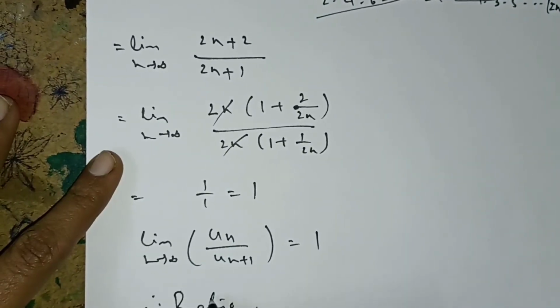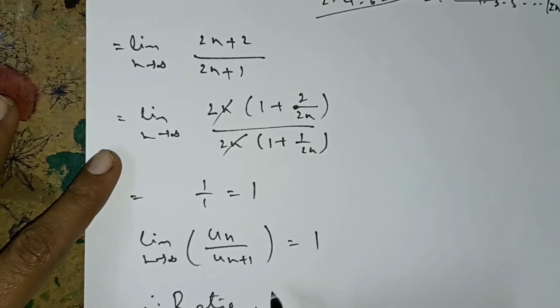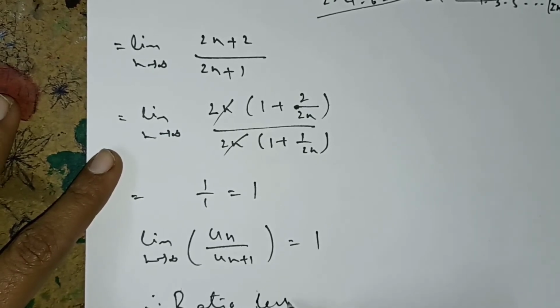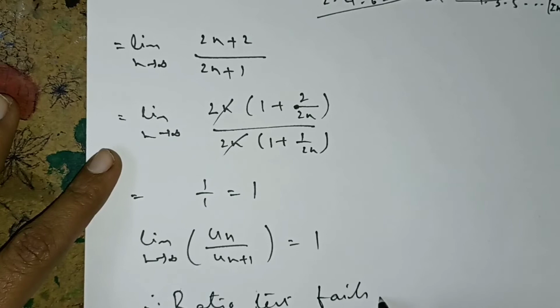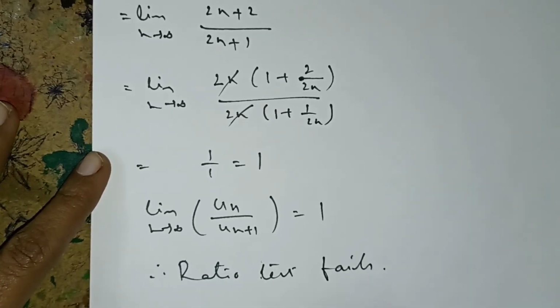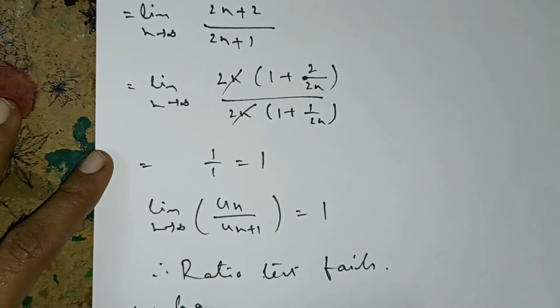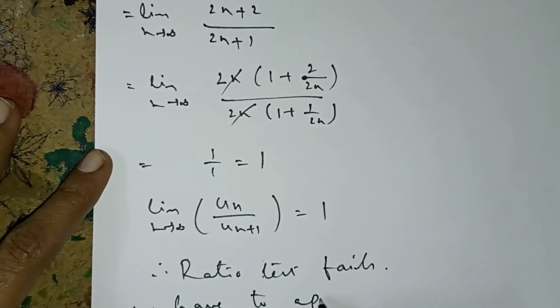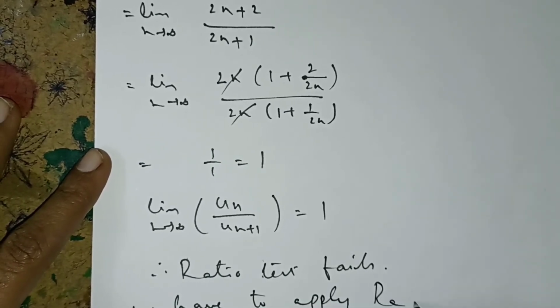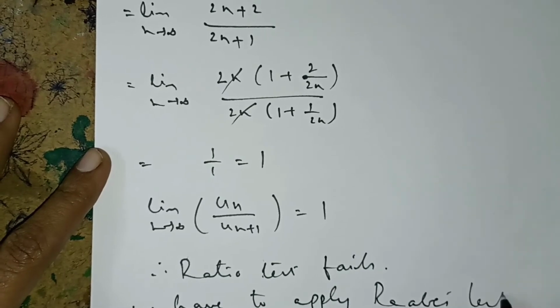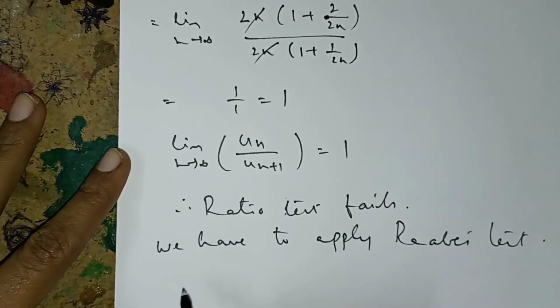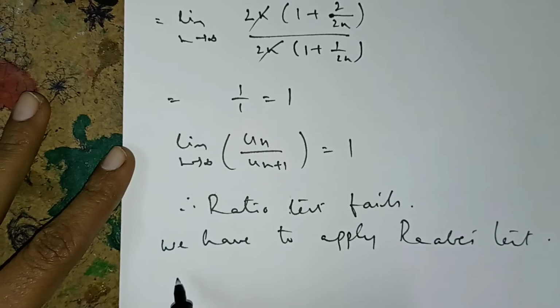Ratio test: whenever you get 1, what is the meaning of that? The ratio test fails. Whenever the ratio test fails, we have to apply Rabi's test. Now what is the Rabi's test formula?